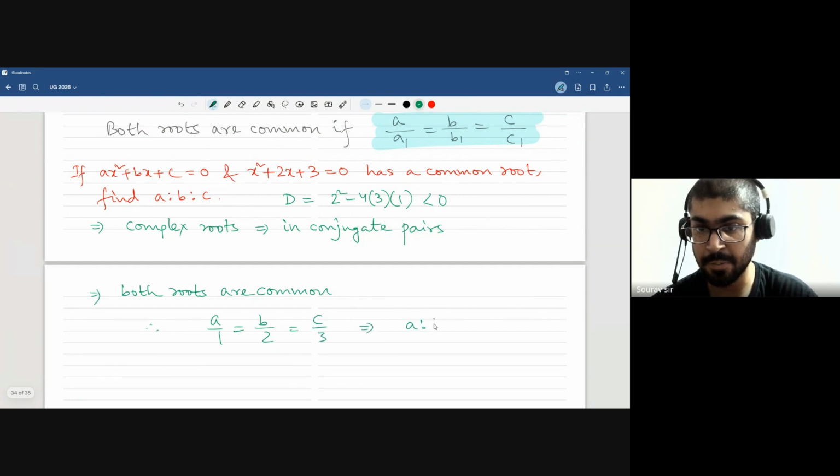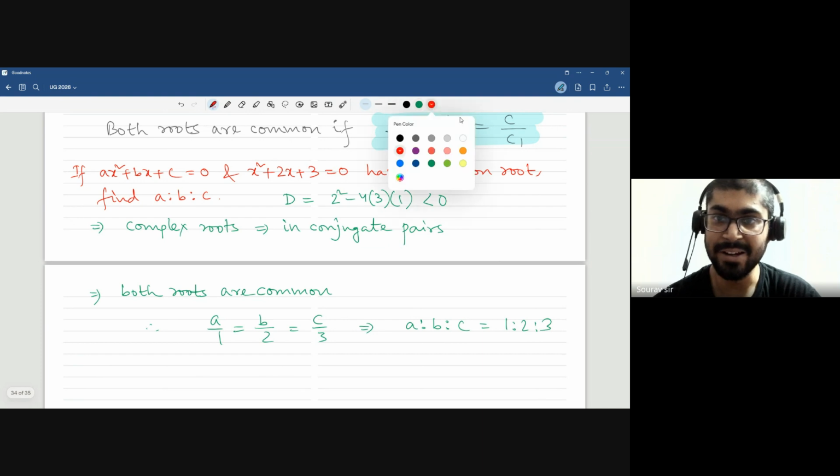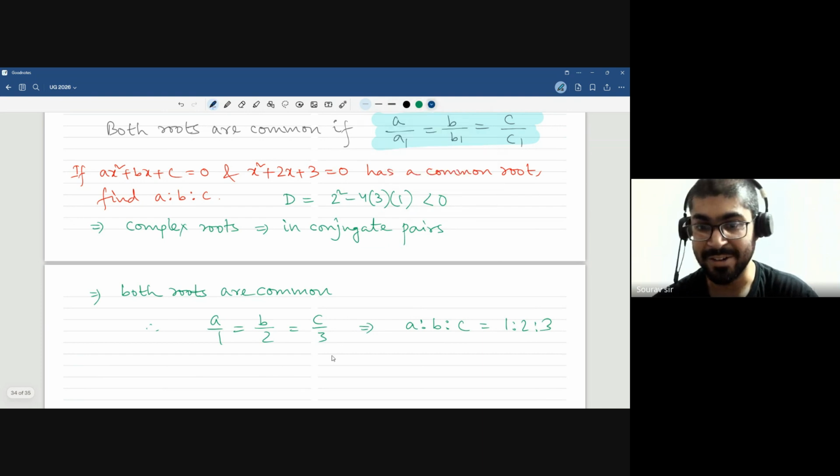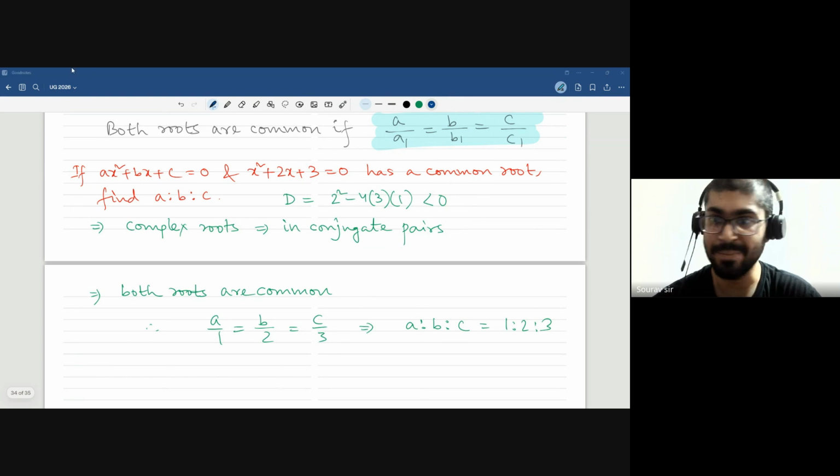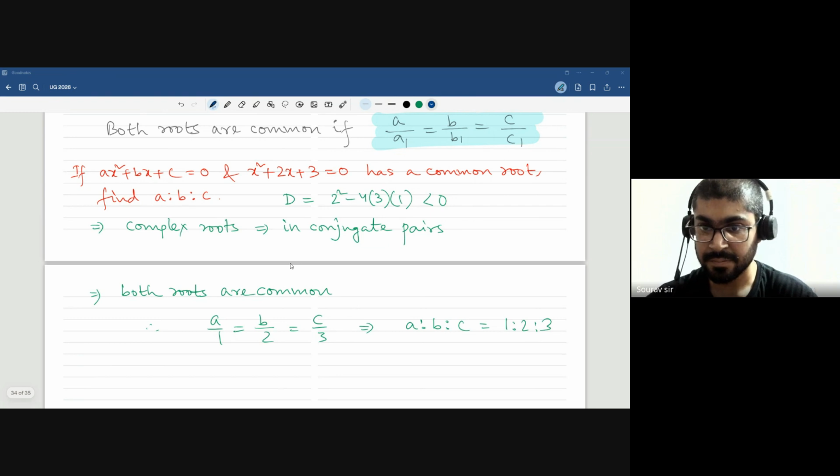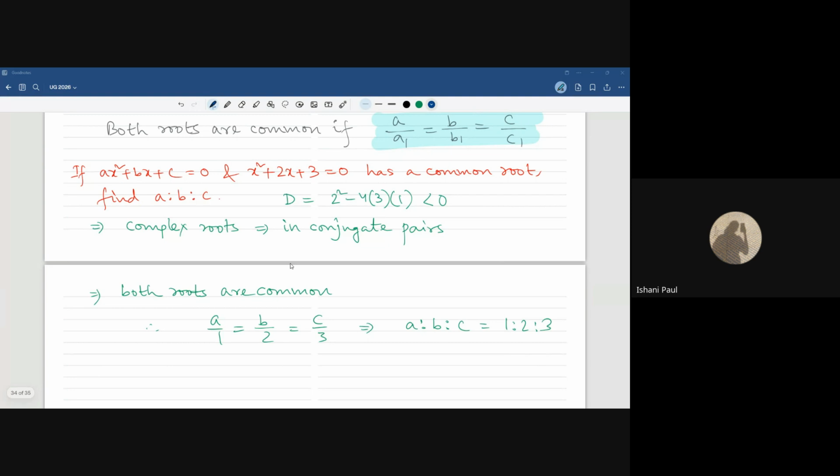Implies a is to b is to c is equal to 1 is to 2 is to 3. If I give you a formula, do not just blindly start following that same formula. Of course, I will not give you a problem that directly leads to it. Or I may give. Surprise. Clear? Yes, sir.